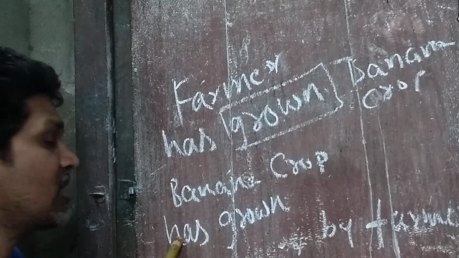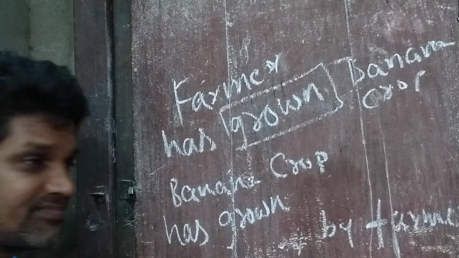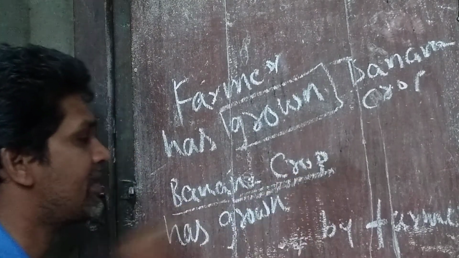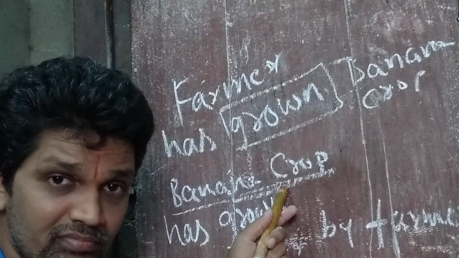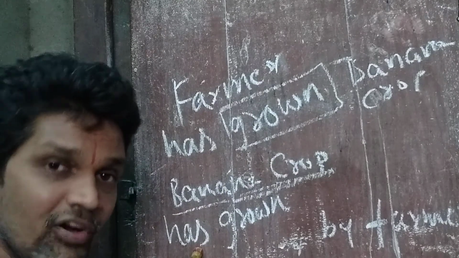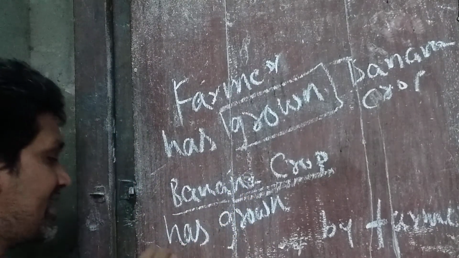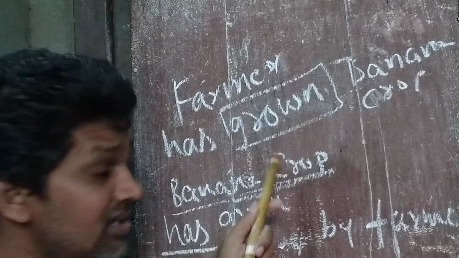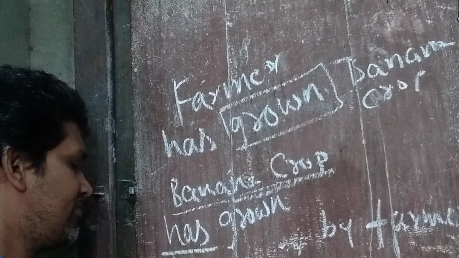This has or have is decided by the subject. It is completely decided by the subject. When the subject is in the singular form, we should write has. Suppose the subject is in the plural form, we should write have.